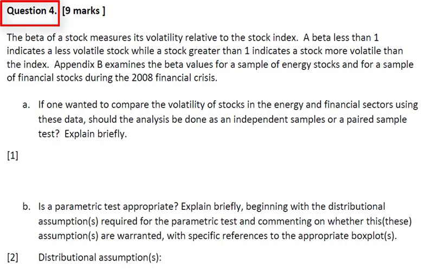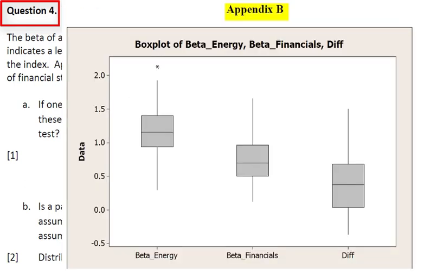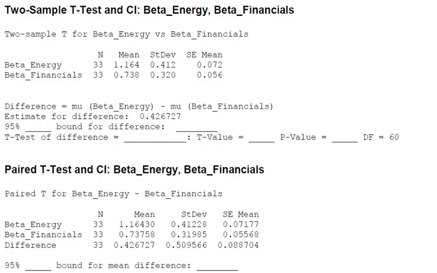Now question 4. This question seems to be dealing with mean. If you look at Appendix B, we have 1, 2, 3 box plots. I mentioned earlier that you wouldn't be provided with a box plot in a question dealing with proportion. And by the way, it says here 2-sample t-test. A t-test is for mean, not for proportion.